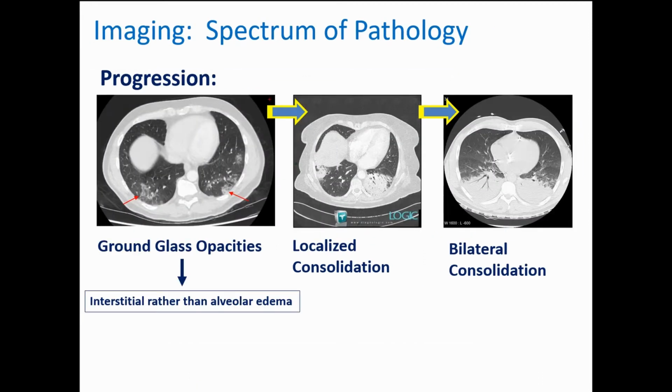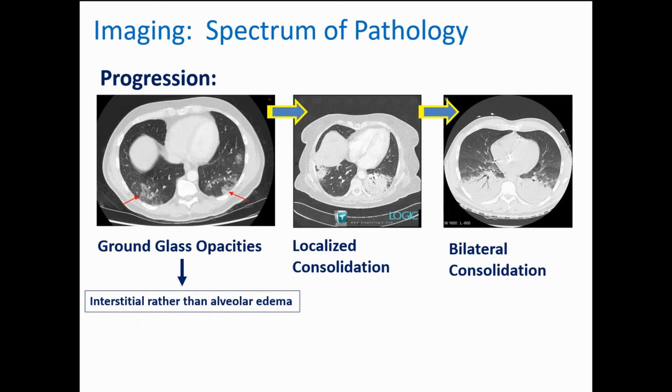So with respect to imaging, imaging is very important. It starts with opacities, and then you have localized consolidation, and in severe, and I've seen it actually in severely moderate patients, bilateral consolidation, but this doesn't specifically mean COVID.